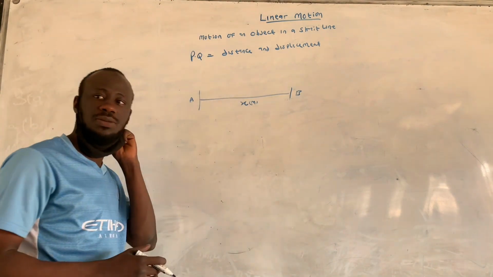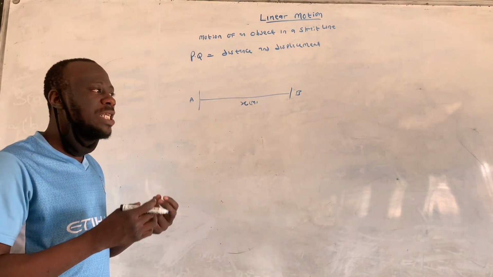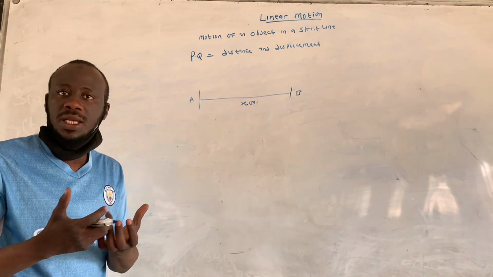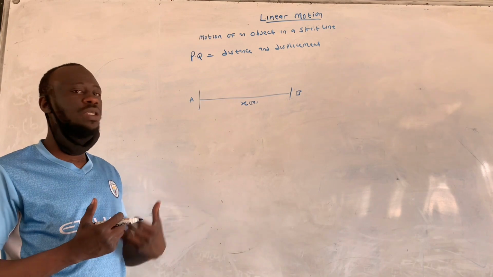displacement. So the difference between displacement and distance is that one is a vector quantity, the other is a scalar quantity.